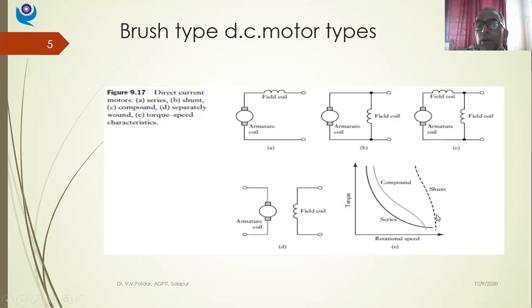Here in shunt wound motors, the torque suddenly decreases, which might suit some of the requirements, and series and compound wound might suit others. There is nothing like a good motor and a bad motor. Depending on my requirements, these properties can be utilized and the appropriate motor can be selected for my application. So these are the types of brush type DC motors.